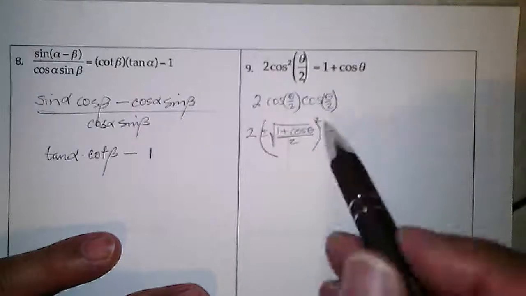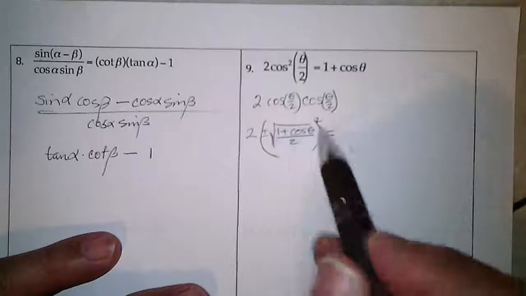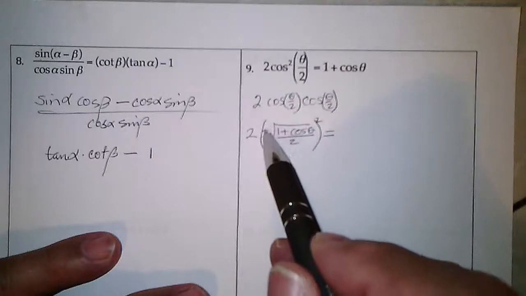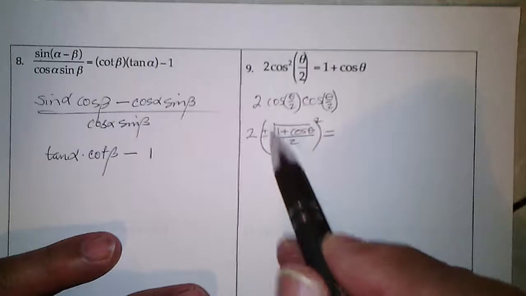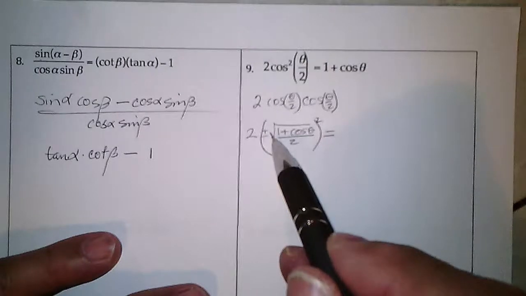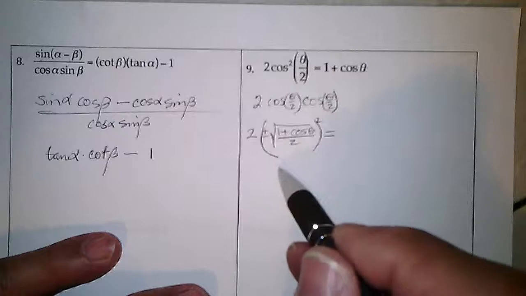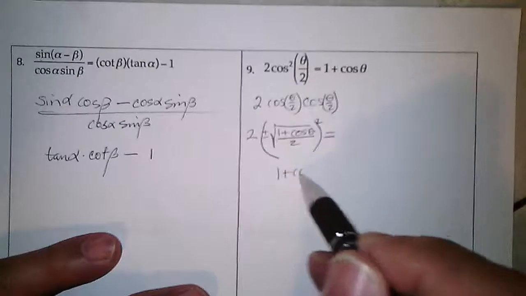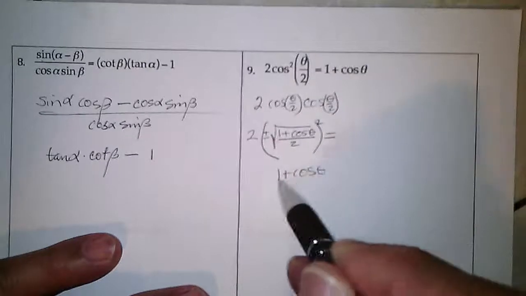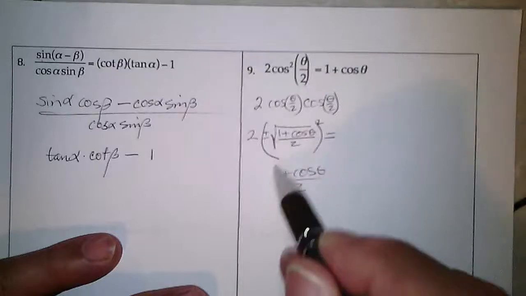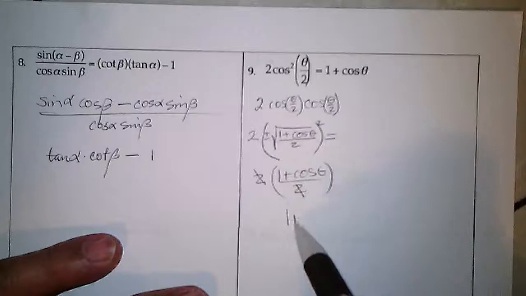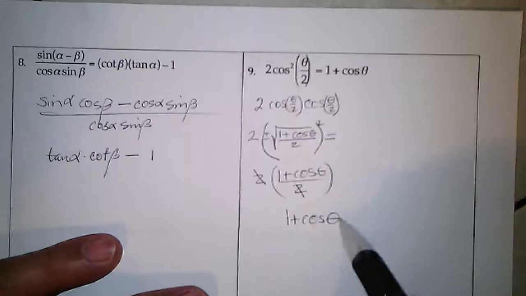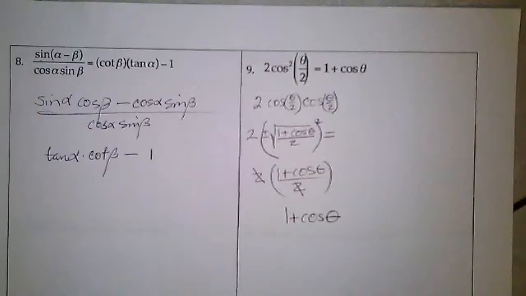And when I square this, a plus squared is plus, a negative squared is plus, and so that's going to be plus inside, and a square root squared, the square root's gone, and I get 1 plus cosine theta over 2 times 2, and the 2's cancel, and I get 1 plus cosine theta. Okay.